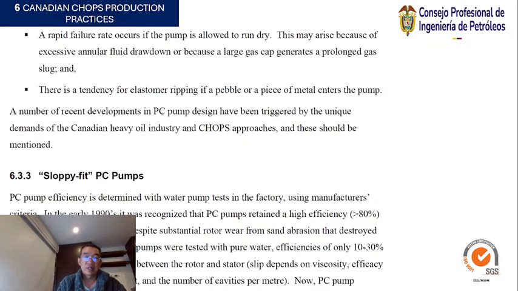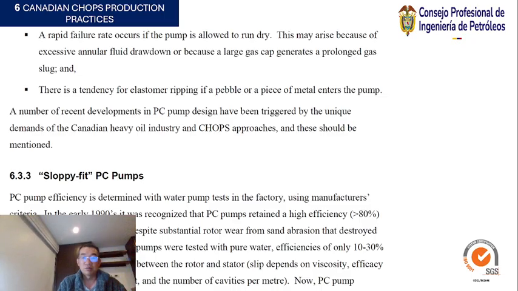6.3.3 Sloppy fit PC pumps. PC pump efficiency is determined with water pump tests in the factory using manufacturers' criteria. In the early 1990s, it was recognized that PC pumps retained a high efficiency, above 80%, for pumping viscous heavy oil despite substantial rotor wear from sand abrasion that destroyed the interference fit.